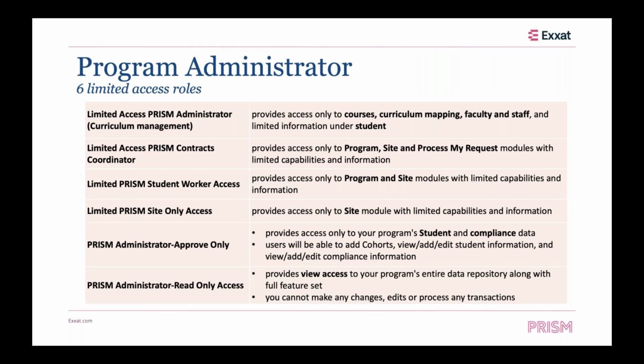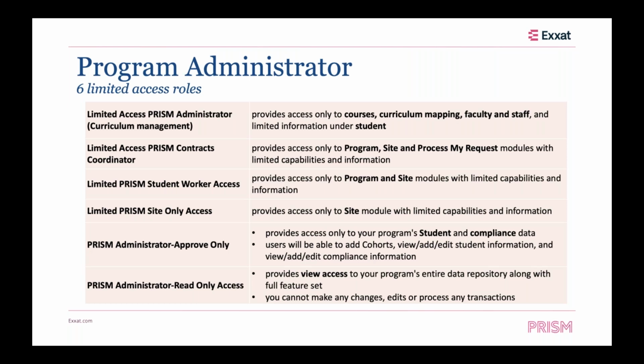5th one is what I want to spend some time on. This is the administrator role with approve only access. This role is complementary to the role which we saw in the previous slide, which was the admin role without compliance. This role gives access to only the compliance data and alongside that the student data.